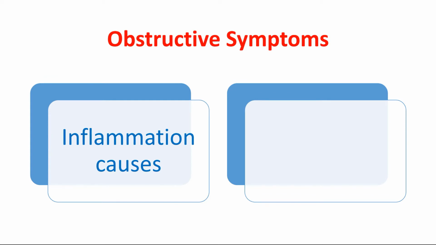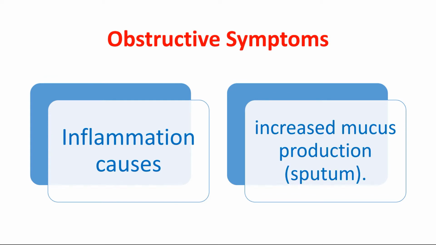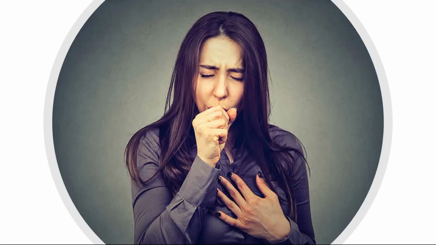Inflammation of the bronchi or bronchioles may increase the mucus production or sputum, and this causes a productive cough with sputum because of this increased mucus production. So the patient will also complain of productive cough.